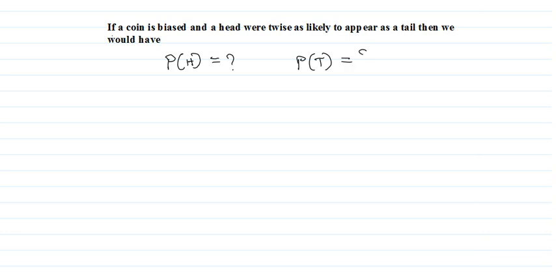So now your sample space has only two elements, and you know the probability of S must be equal to 1 from the second axiom of probability. And you know that this S can be expressed as a union of singleton events, or as a union of two disjoint events.